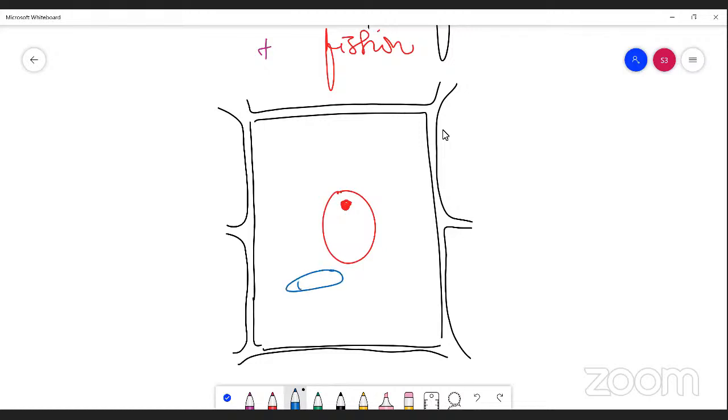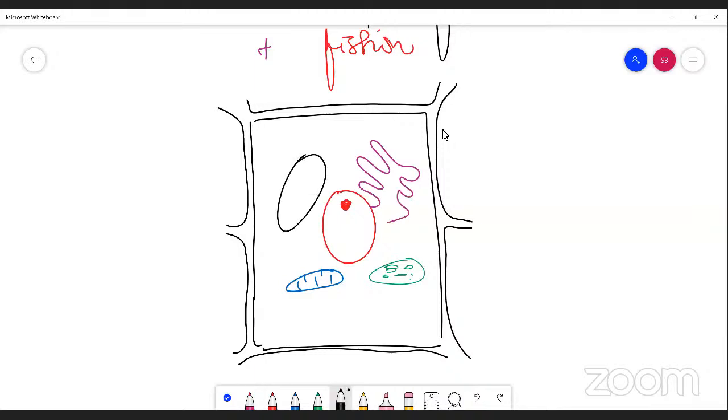In addition, there are some other cell organelles, such as chloroplast, endoplasmic reticulum, etc. At the center, very large vacuoles are also present. Now, the blue color indicates mitochondria.